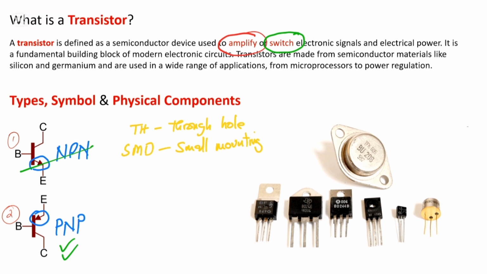The SMD found in a mobile phone is very small, and you would not be able to see it once it falls down. The through-hole, you can physically see in the circuit. So depending on the requirement of the circuit, they have come up with through-hole components and SMD components.